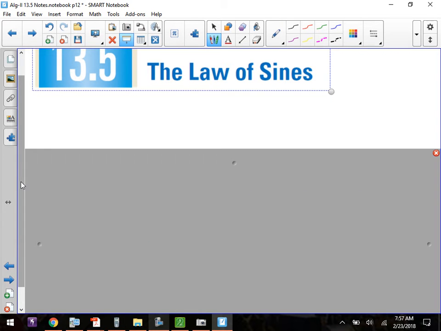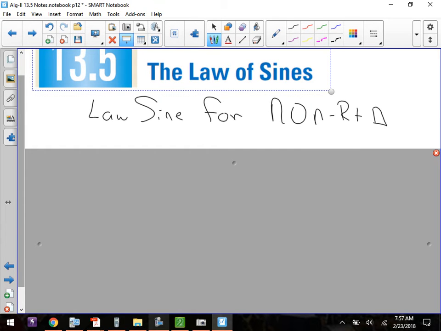Law of sines is for when you use law of sines for non-right triangles. Okay, there is. Yeah, law of cosines. With law of cosines, it's just a little bit weirder.